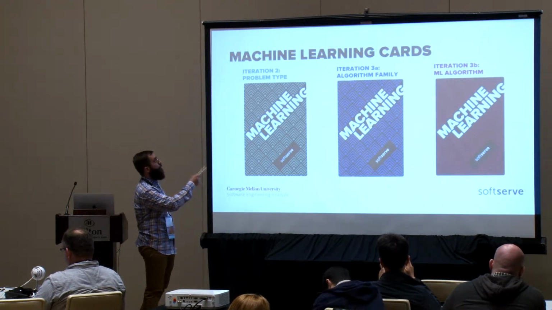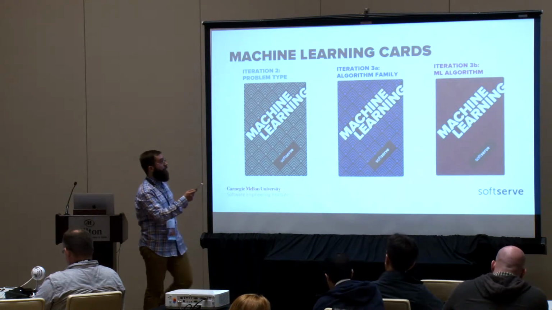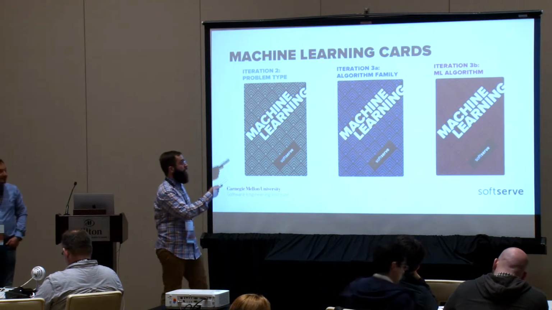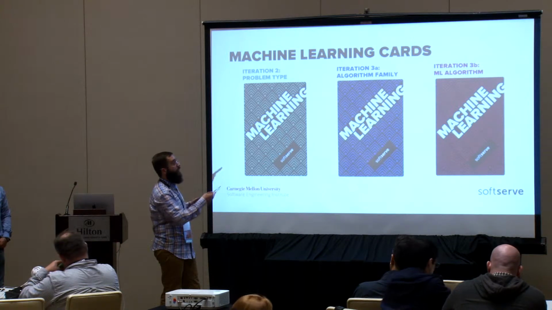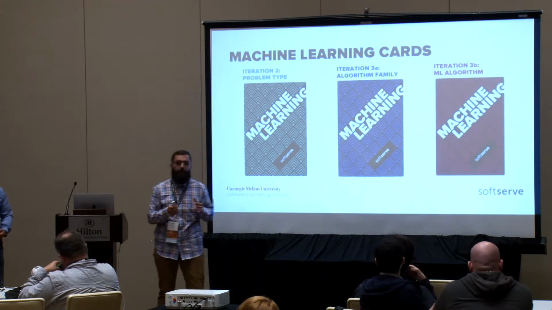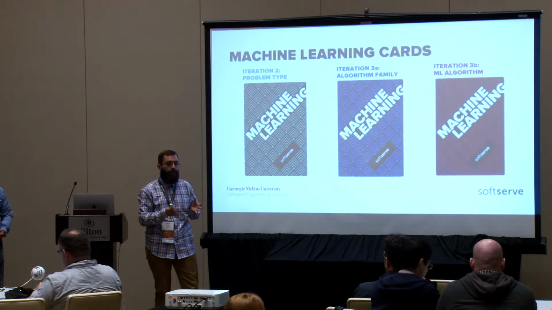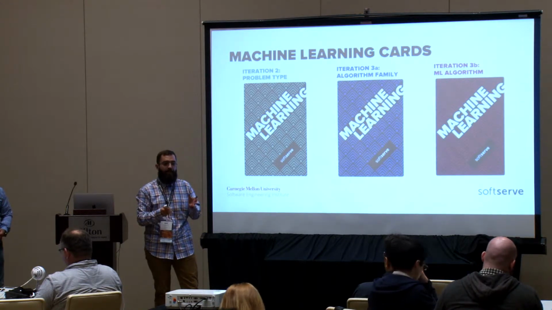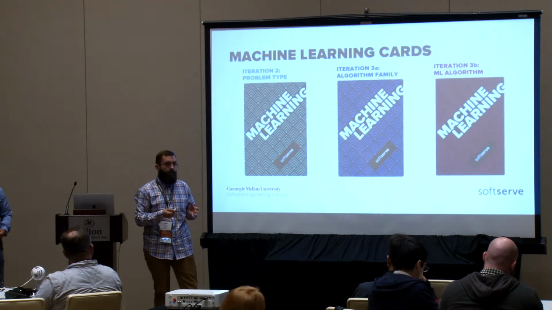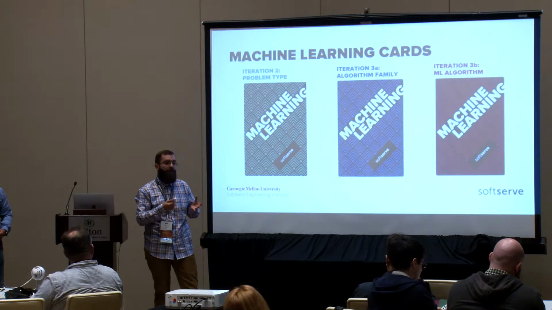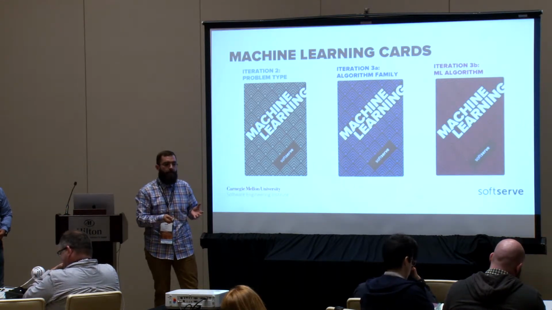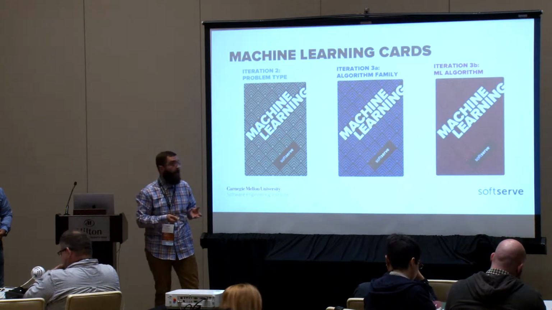Those cards represent problem types. We have about 8 cards with a blue back. They represent algorithm families. An algorithm family is a group of algorithms that are quite similar in nature, but in some cases it's even the same algorithm, just different variations of it.